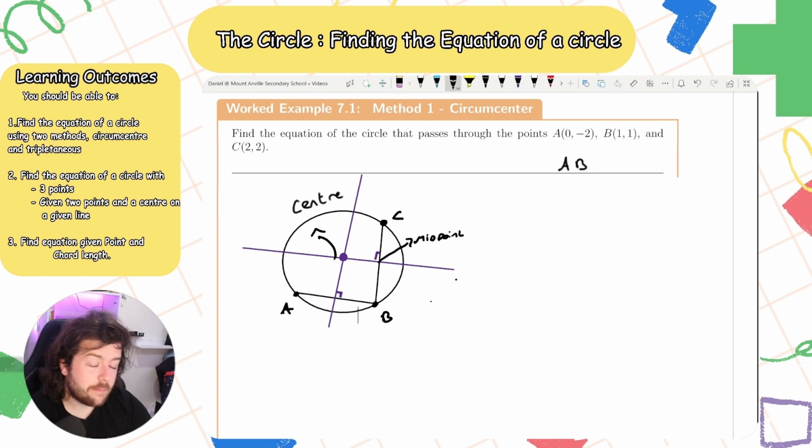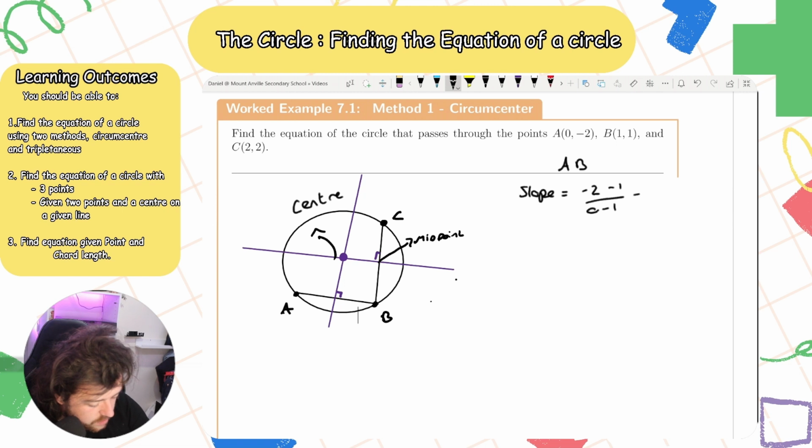For a perpendicular bisector, we need a point and a slope. My point is the midpoint, and my slope is the perpendicular slope between the 2 points. First, my slope is (-2 minus 1) over (0 minus 1), which is -3 over -1, which is 3. My perpendicular slope then is -1/3.